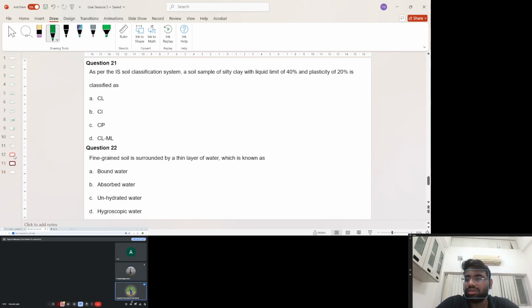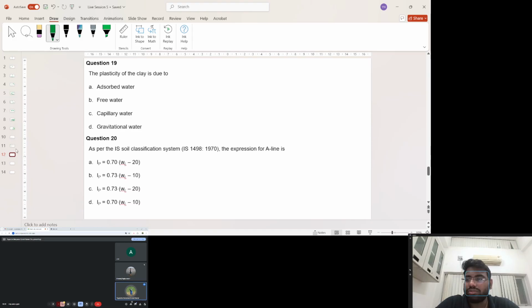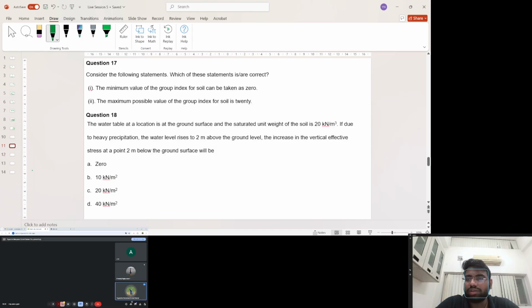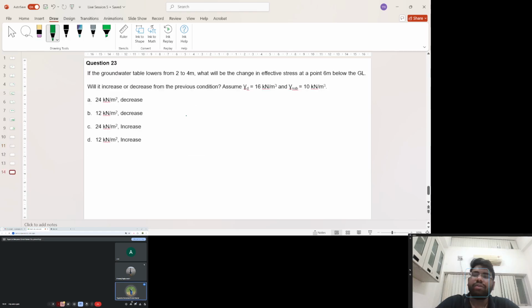These are mostly small questions which we can address later. Now consider this question: if the groundwater table lowers from 2 meters to 4 meters, what will be the change in effective stress at a point 6 meters below the ground level?